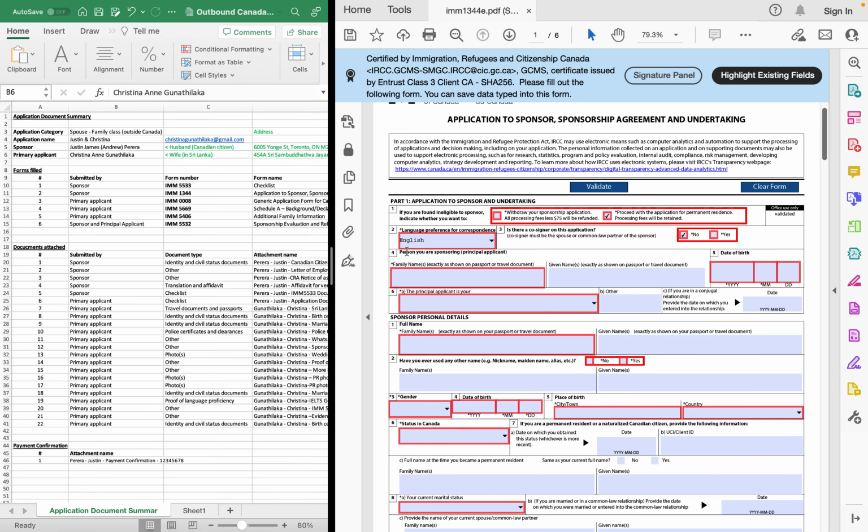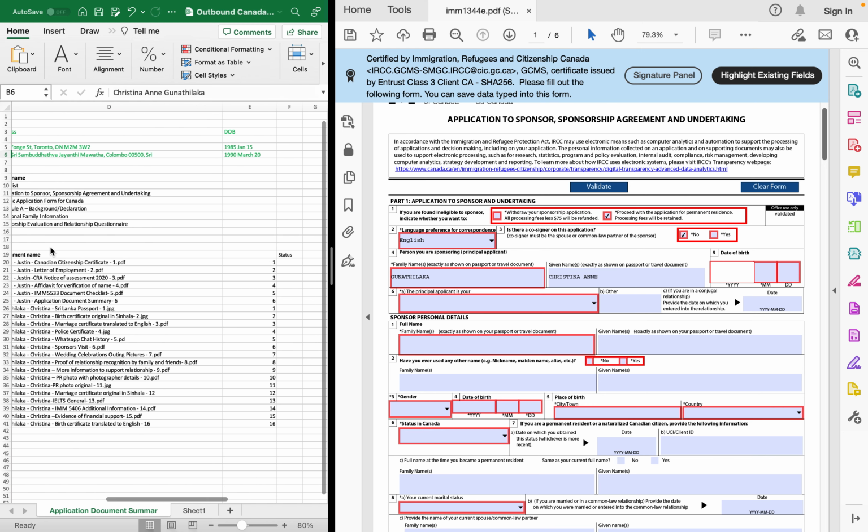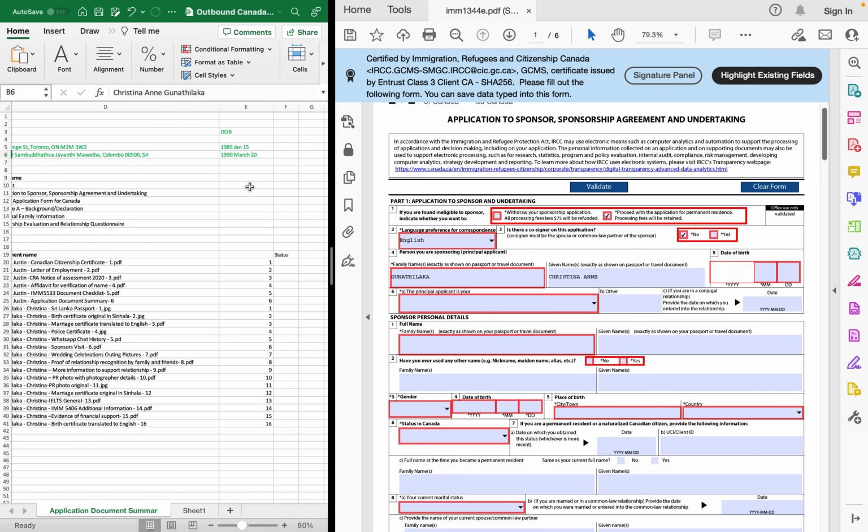It is asking for the person you're sponsoring, the principal applicant, that person's family name as well as the given name. The primary applicant is the principal applicant, so her family name is Gunathilaka. Given name is Christina, and her date of birth is 1990 March 20th.